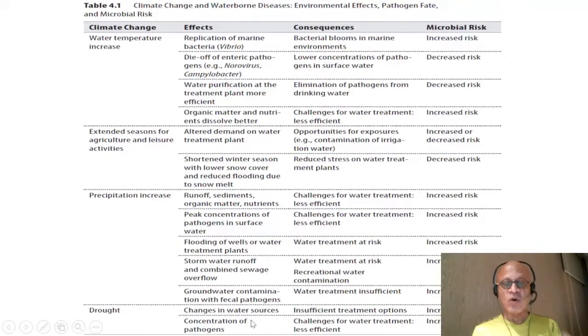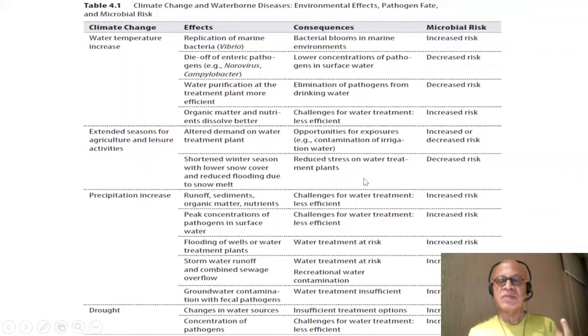People go looking for water and use sources they wouldn't use otherwise, and concentration of pathogens can get affected seriously during the droughts as well, with consequences in bacterial blooms, lower concentrations of pathogens in some places, elimination of pathogens in other cases, challenges for water treatment being less efficient. Opportunities for exposure are changed when you have extended seasons through contamination of irrigation water, for example.